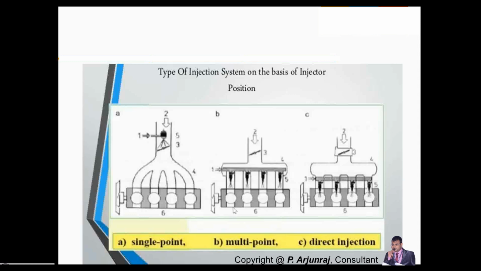Because here you can get better combustion, a better air fuel mixture, and higher thermal efficiency, volumetric efficiency, and combustion efficiency. Even the emissions can be controlled, and even the quantity of fuel that needs to be injected can be controlled with the help of the electronic control unit.